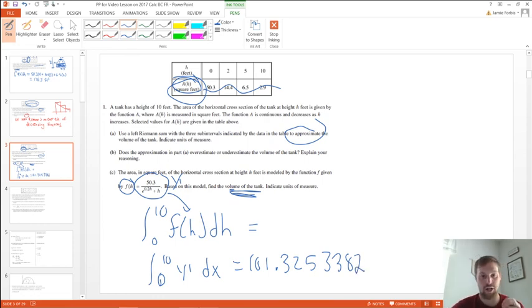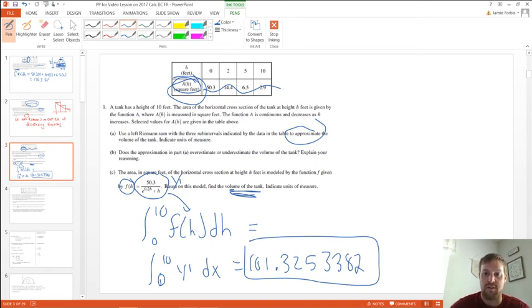So that is the actual volume of the tank from 0 to 10. Now remember what we found in A, it was 176, which we determined in B was an overestimate, because that's definitely bigger than the actual value. So hopefully all three of those answers line up. Oh, indicate units of measurement. This is volume again, so that's going to be feet cubed.